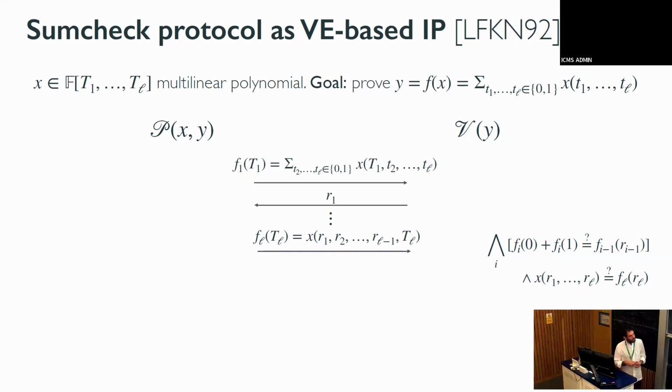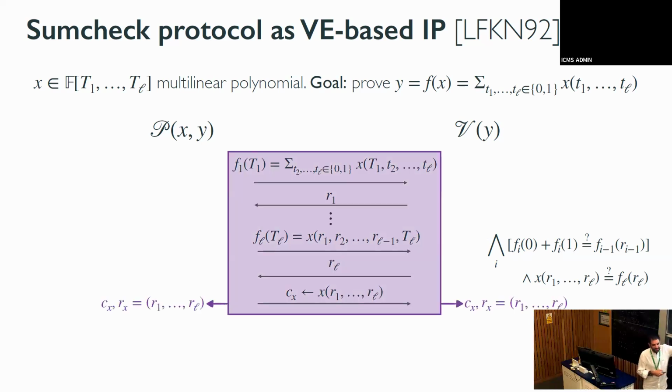And the reason why this is a verifiable evaluation scheme is because we can do a very trivial transformation, where instead of locally sampling RL, actually RL is sent to the prover, and the prover returns CX as a candidate, and for now you don't know if it's correct or not. Then you can think that this is actually the V execution where the prover and verifier get CX and RX, and RX is R1 through RL, right?